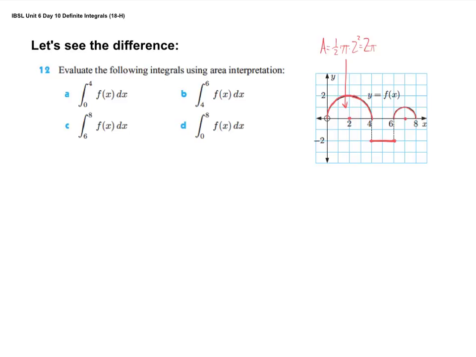Okay? Then down here, we have this little square, okay, between the line and the x-axis. Alright, so what's that area? 4. Okay?